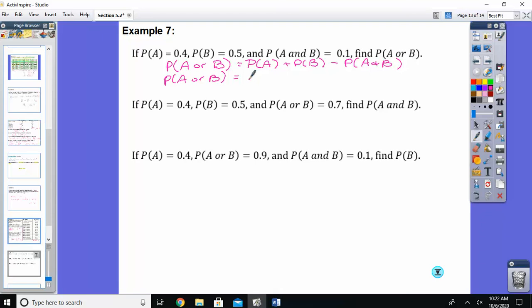Probability of A is 0.4. Probability of B is 0.5 minus probability of A and B is 0.1. So probability of A or B is 0.8. As long as you write out your formulas, these are really easy. If you don't write out your formulas, you might struggle on some of them.